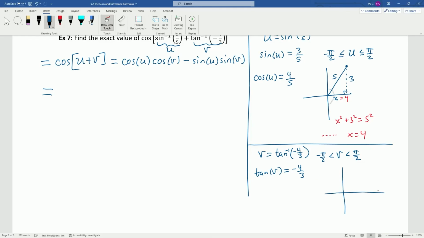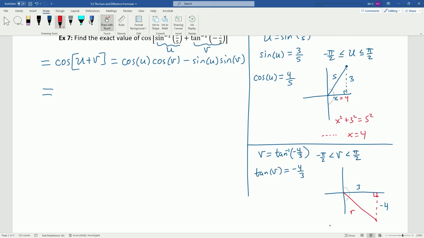So again, that's the first and fourth quadrant, but here tangent is negative. And I know that tangent is positive in the first quadrant, so that means we've got to be looking down here at our fourth quadrant. So negative 4 would be my y value, 3 would be my x value, and then I need to find r.